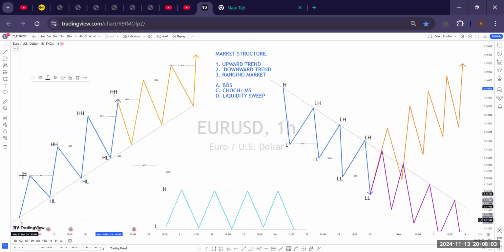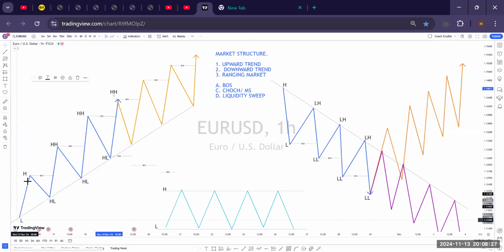We have the low, high, higher high. For price to create another high, it must break a structure. For price to break this structure, it means price is heading to create another high, and then price is coming down. Please write this down.